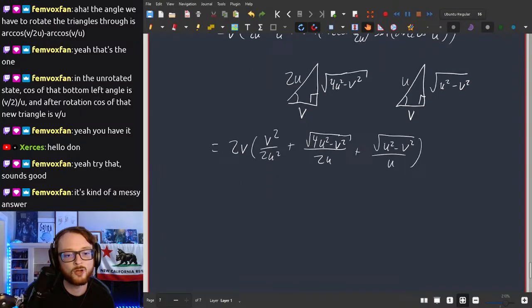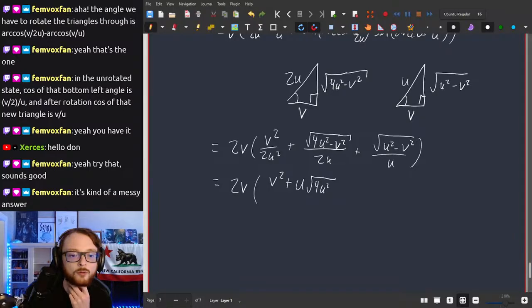Then I guess we can get a common denominator. They're not really going to group, but let's get it anyway. Maybe they group. Hope isn't lost yet. No, they don't group.